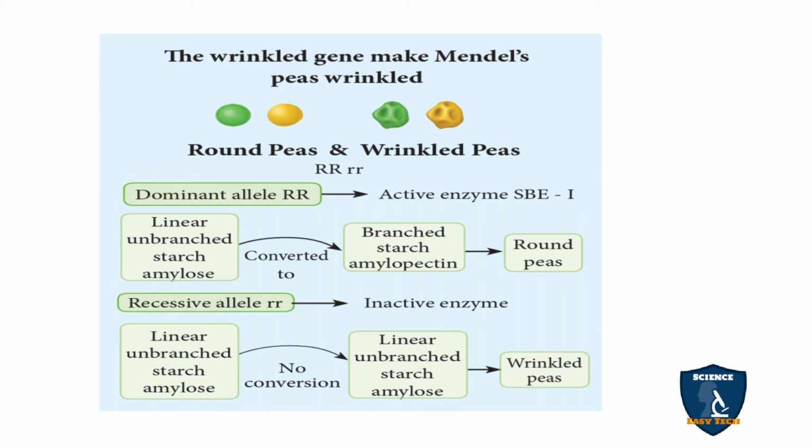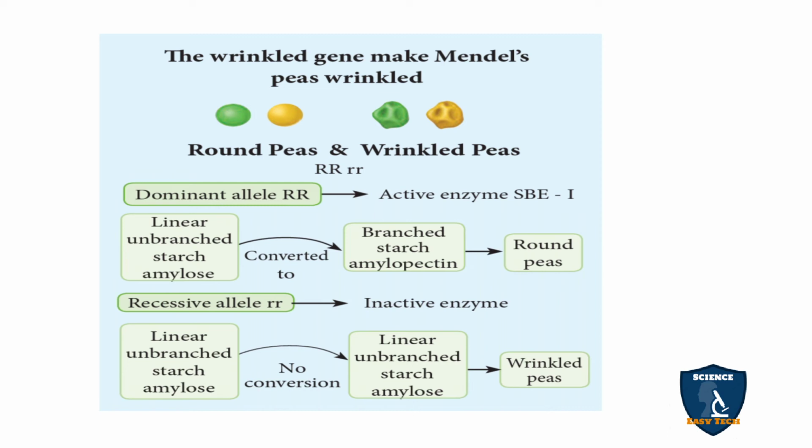In the same way, the recessive allele rr doesn't code to activate the enzyme SBE, so it inactivates the starch branching enzyme.